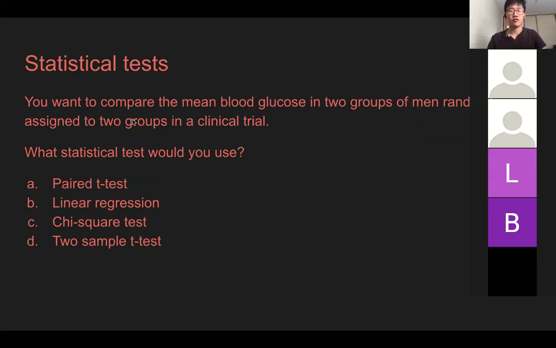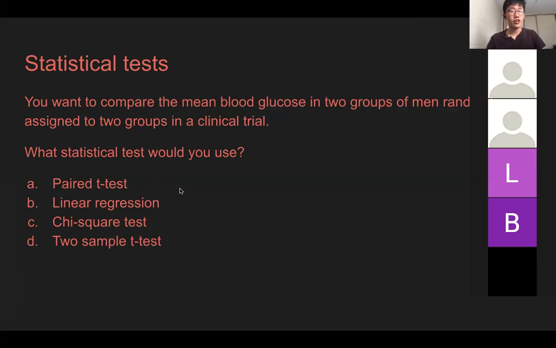Next up, you want to compare the mean blood glucose in two groups of men assigned to two random groups in a clinical trial. What test are we using? Yep.